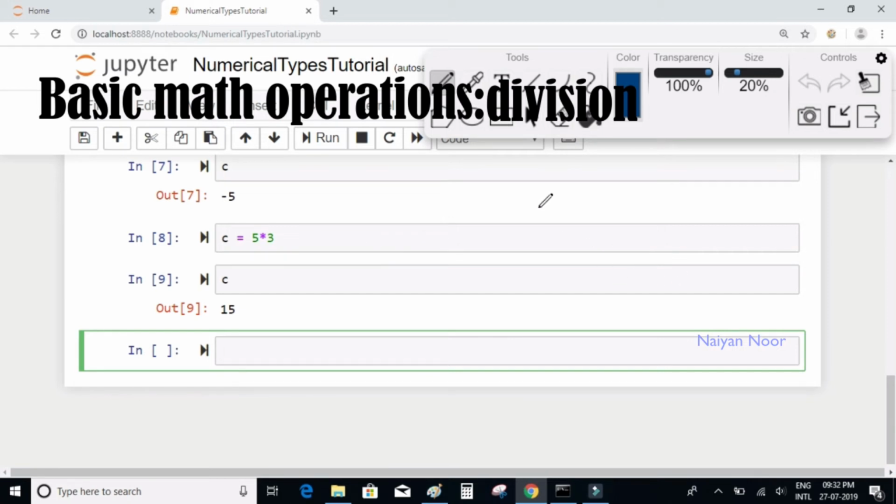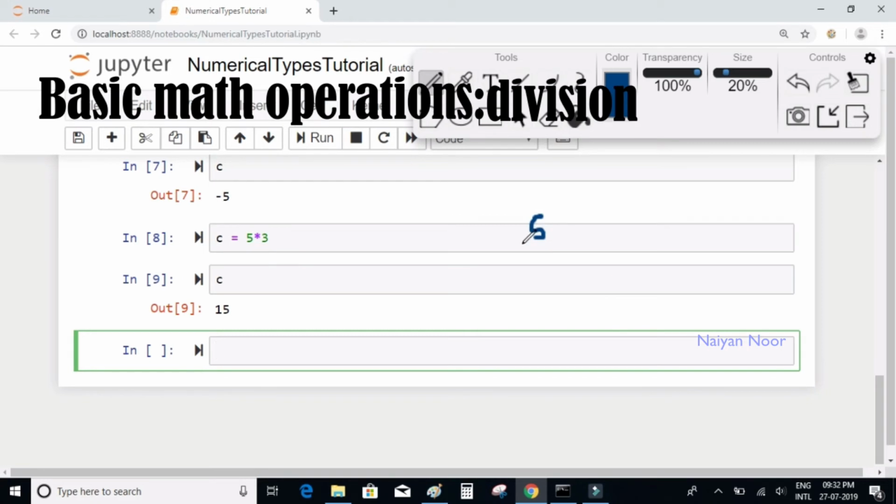For example, if I want to divide these two numbers, 5 divided by 2, right? What is the quotient? If you divide 5 by 2, the quotient is 2, and the remainder is equal to 1.